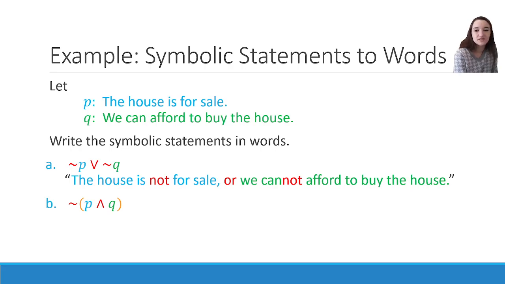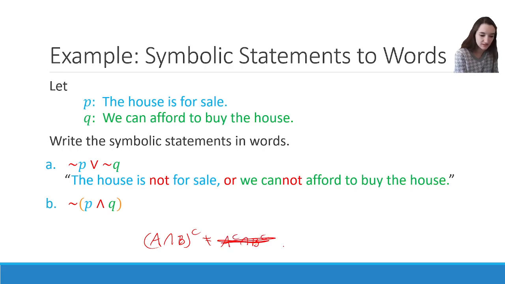When we have parentheses in here, it gets a little bit trickier, especially with a negation outside the parentheses, okay? So negation outside parentheses means we are negating this entire statement, which, just like with the set theory where we had A intersect B complement, we learned that this is not the same thing as A complement intersect B complement, right?